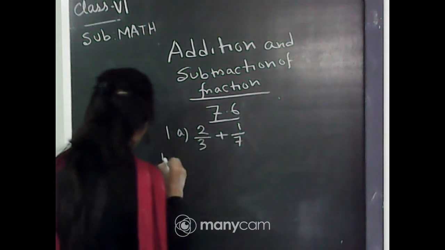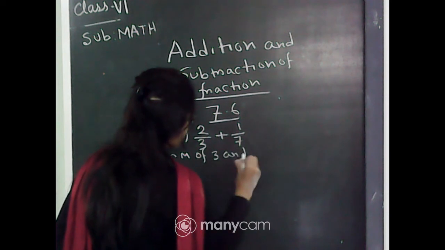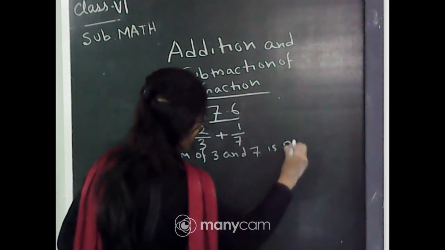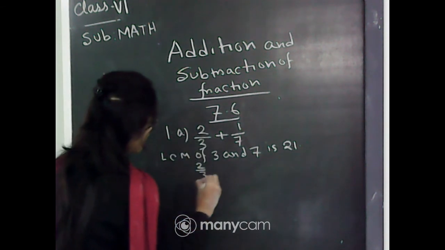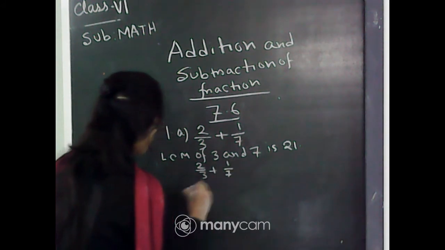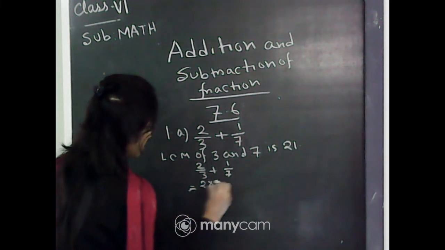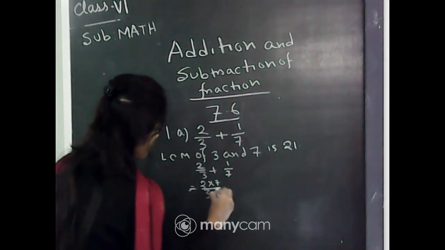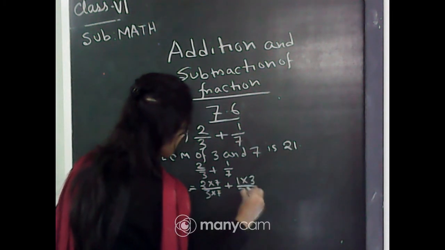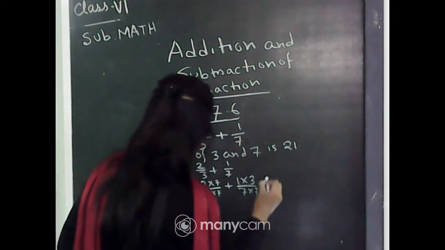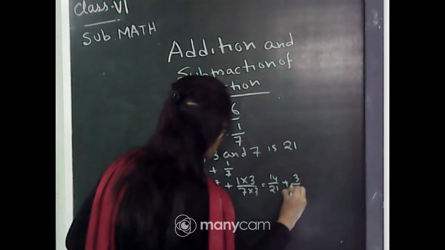Now, LCM of 3 and 7 is 21, isn't it? Therefore, to make the denominator 21, we multiply this fraction by 7 and this fraction by 3, and we get 14 divided by 21 plus 3 by 21.